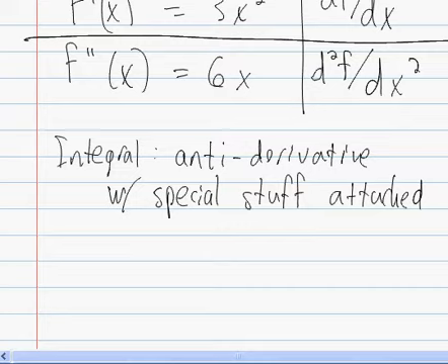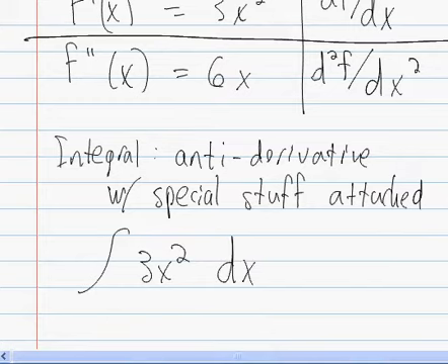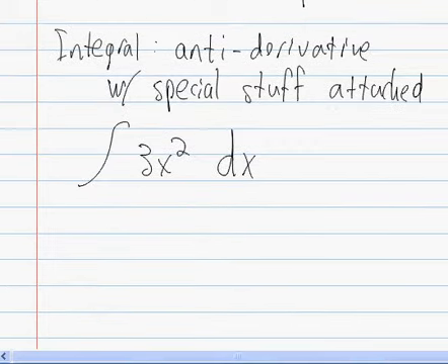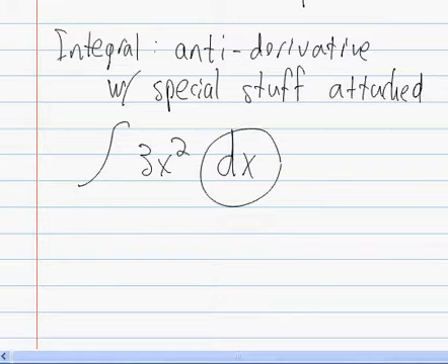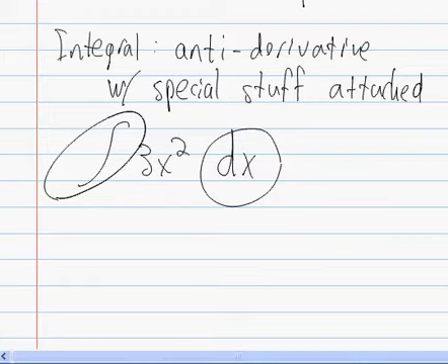It has the integrand or whatever the symbol is called, I can never remember. It has some function, let's say 3x squared, and dx. So this is going to tell me what I'm operating with respect to. This is called an indefinite integral.